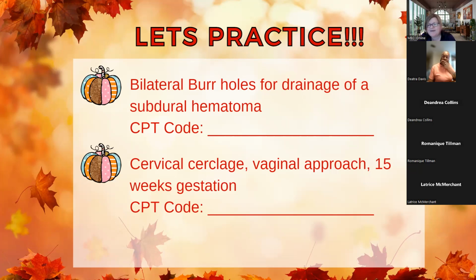Once the insurance company sees in the records that it was bilateral, they're going to say, no, we can't pay this claim because it's not coded correctly. So they're going to send it back to you. And at that point, all you have to do is correct it, add the modifier, and send it back to the insurance, and they should pay it.